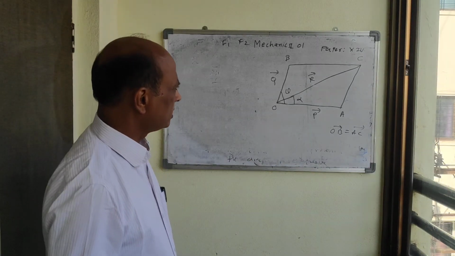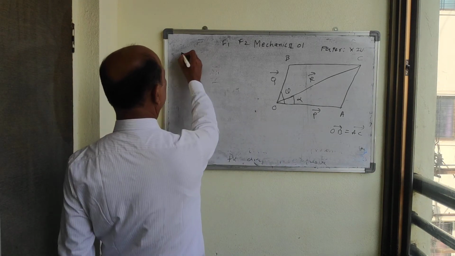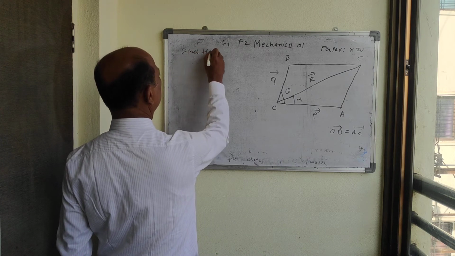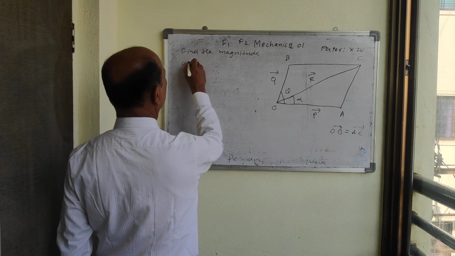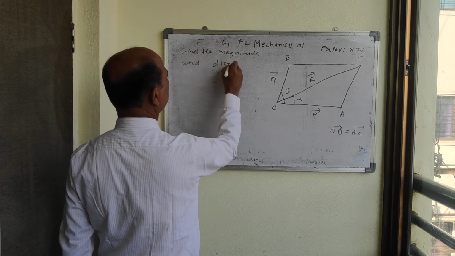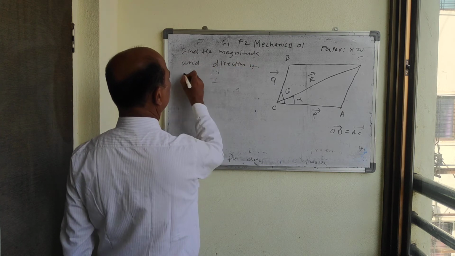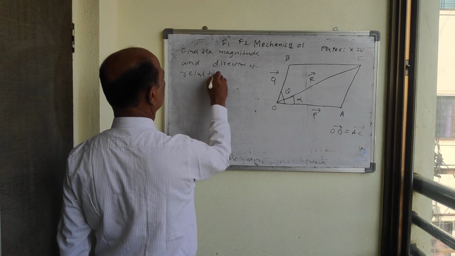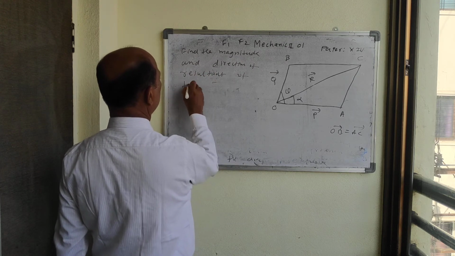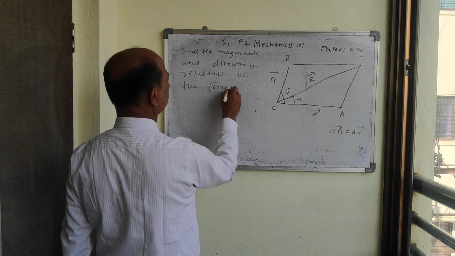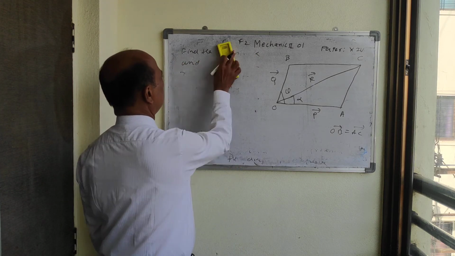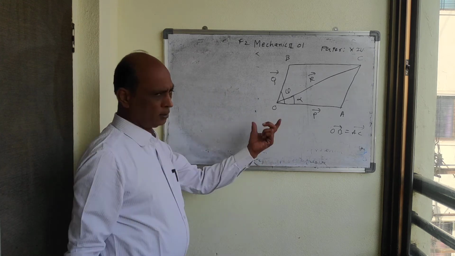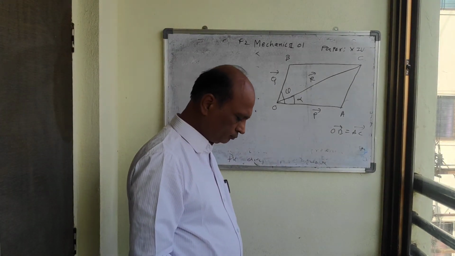So the statement of the theorem is: find the magnitude and direction of the resultant of two forces. So we will use this figure here.